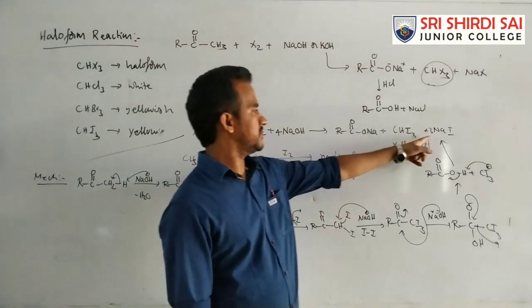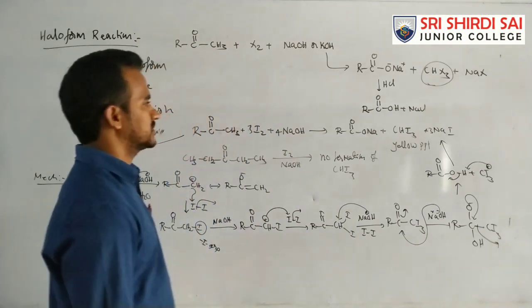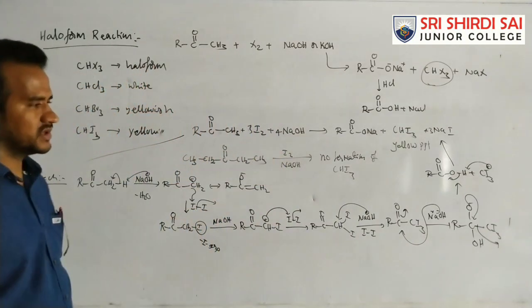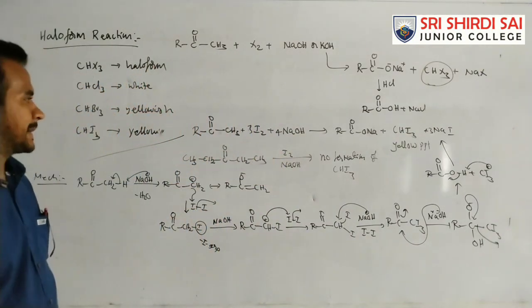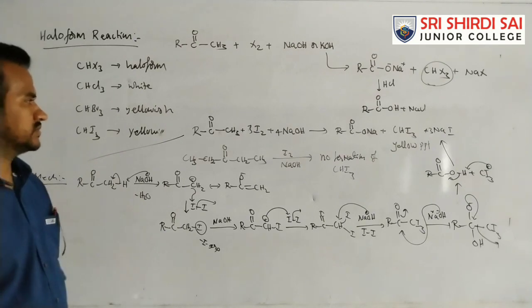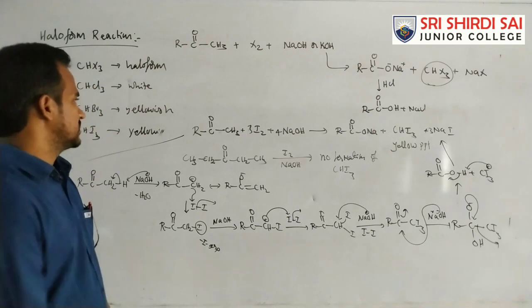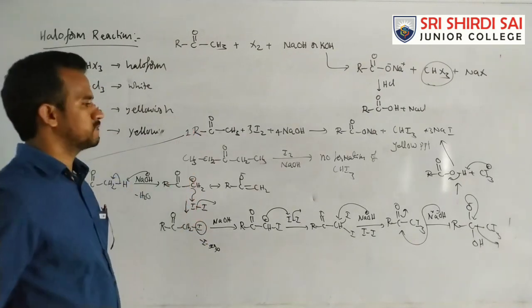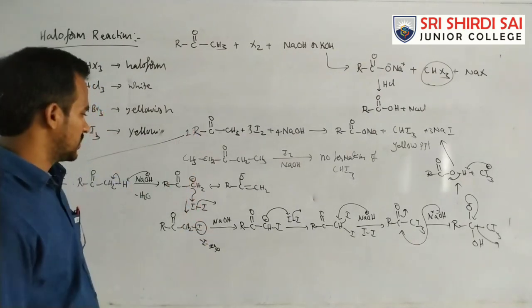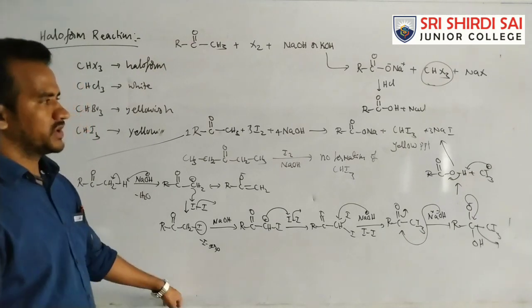Okay, CHI3, NaI. That's it. Of course, that is balanced by the remaining hydrogen molecules. Okay, 3 moles of iodine and 4 moles of NaOH. Okay. So it is the iodoform reaction.